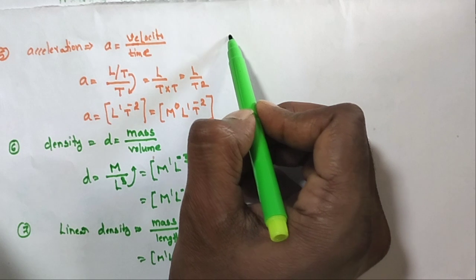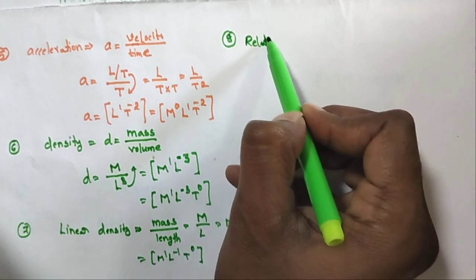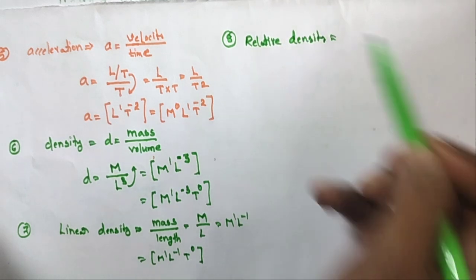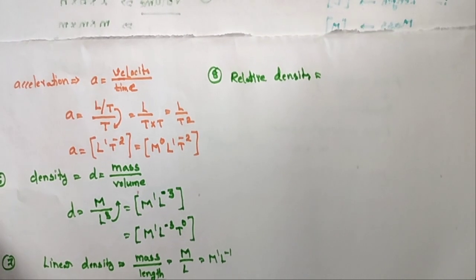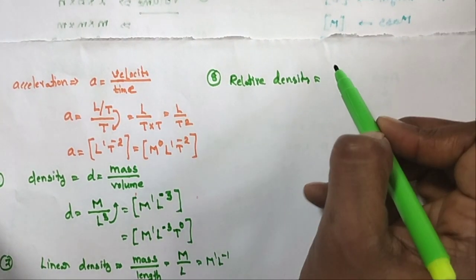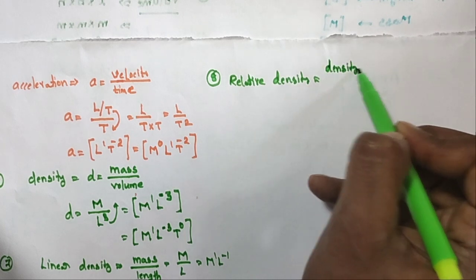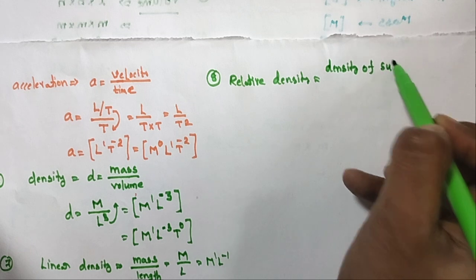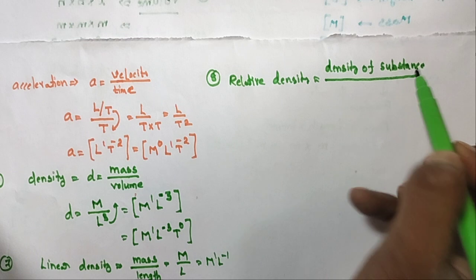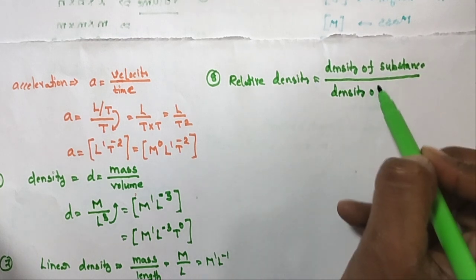And another important one, relative density. Suppose I am taking the relative density. We know the formula of the relative density, and we can write its dimensional formula very well. The relative density means density of substance by density of water.